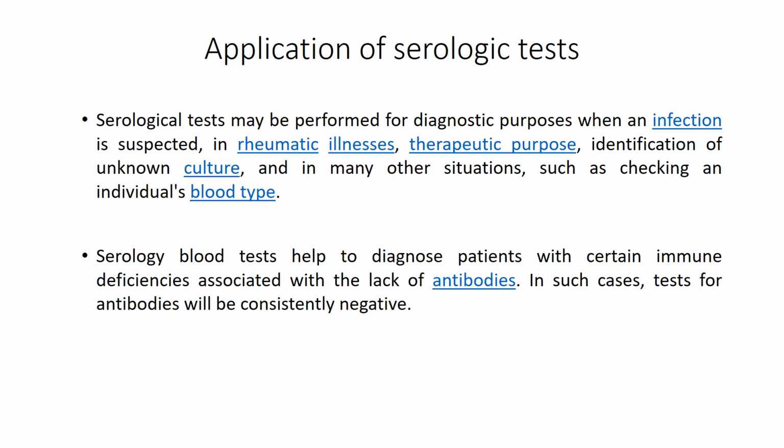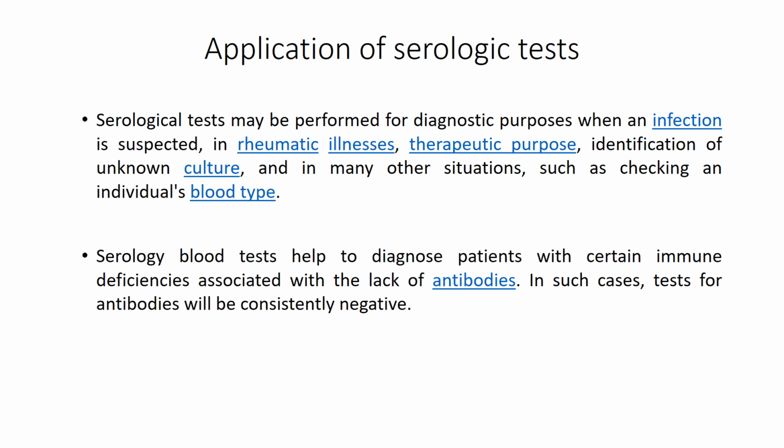So all these methods have been developed for using antibodies for diagnostic purposes as well. These are used in tests, and these tests in general are called serological tests, which involve the blood from patients, and they are used to identify certain immune deficiencies as well as other diseases.